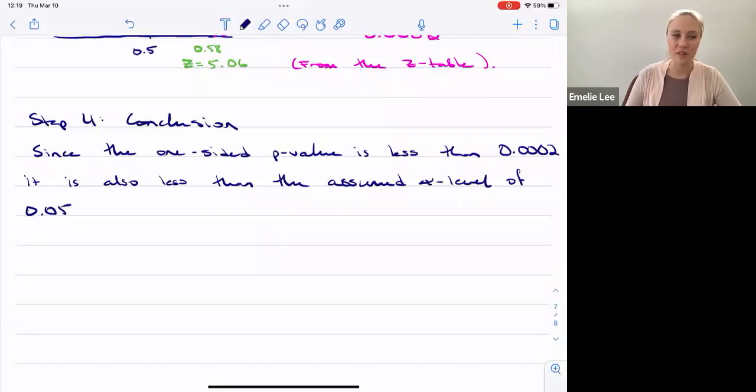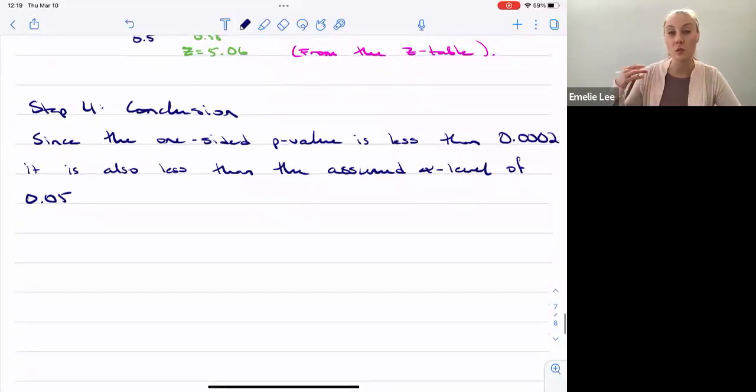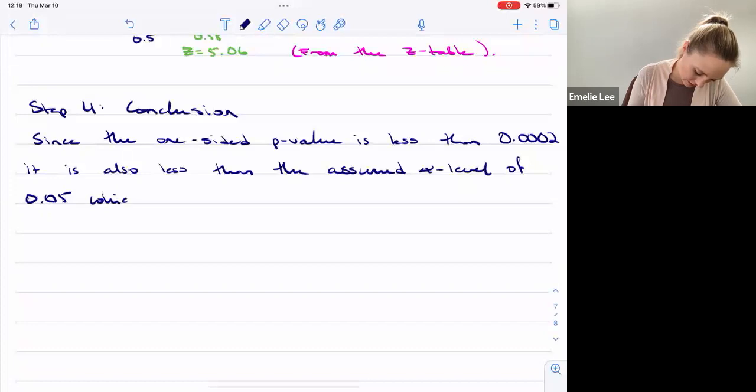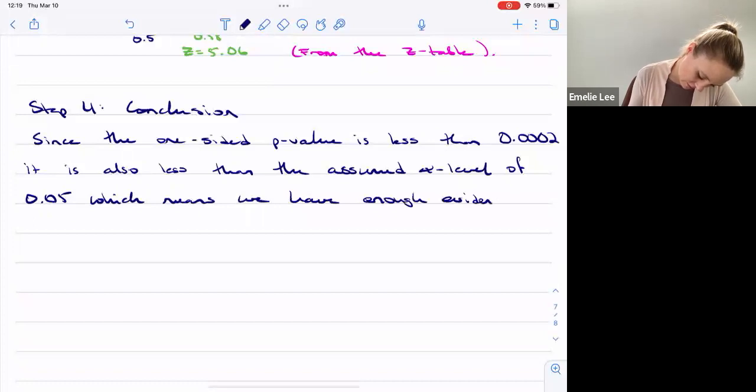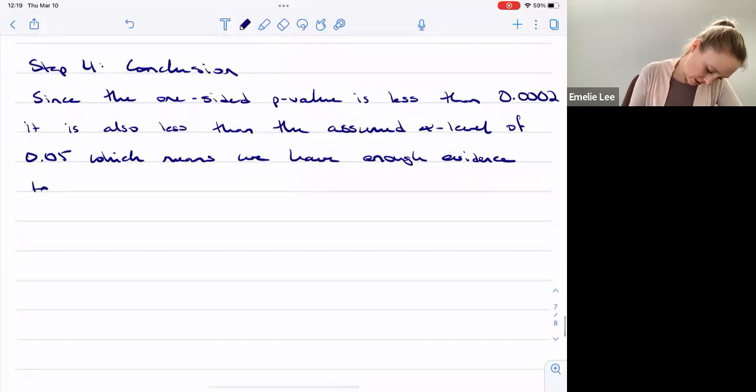Becomes kind of a run-on sentence, but what does that mean? Which means we have enough evidence to reject H0 in favor of HA.